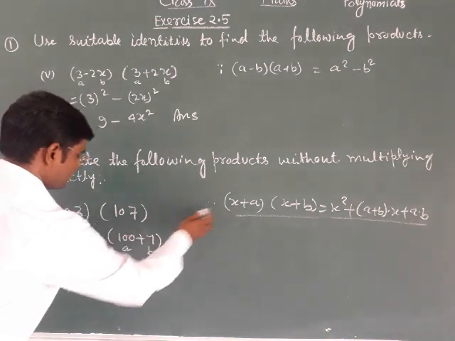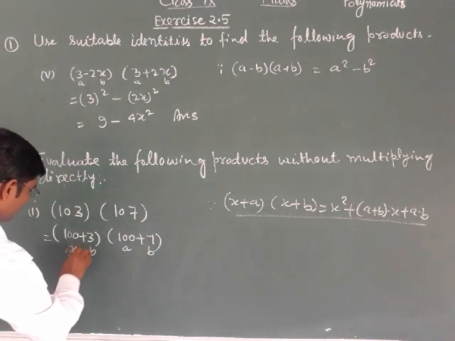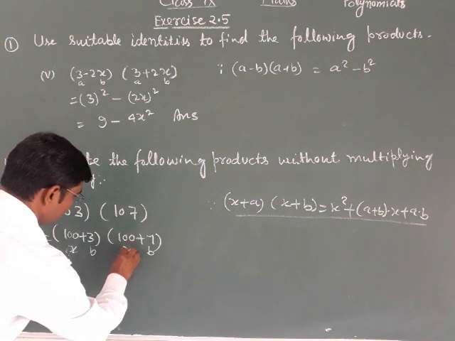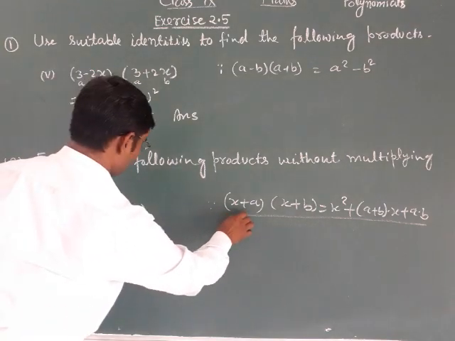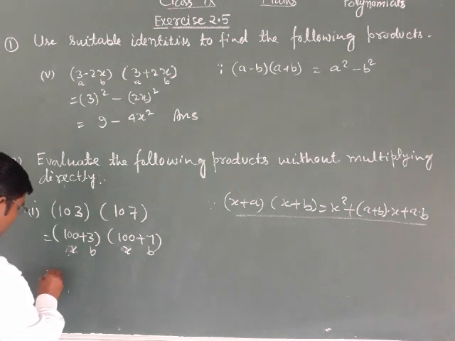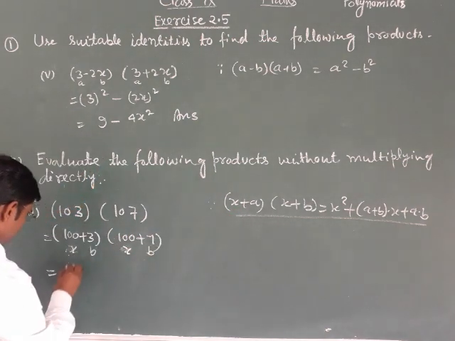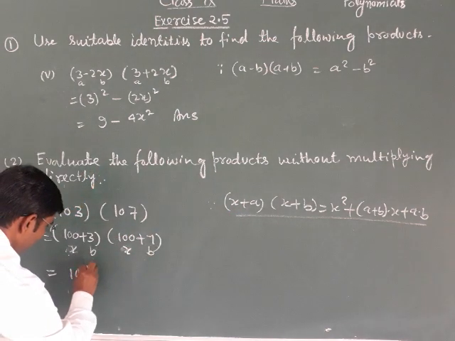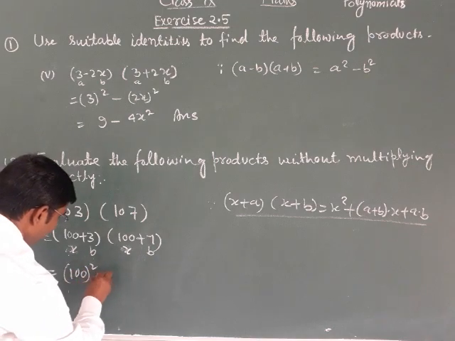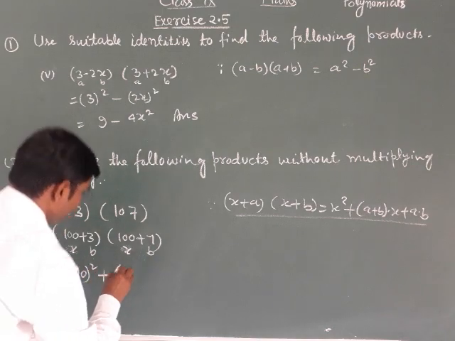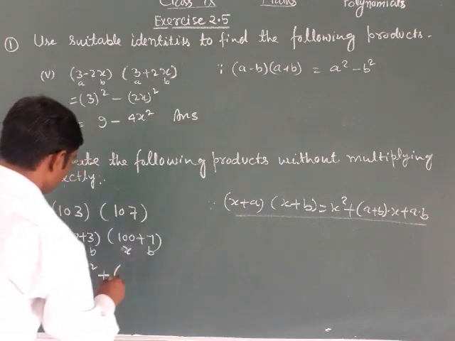Or this is x, also change x according to this identity. So use this identity. So this is x, 100 square, plus a plus b.